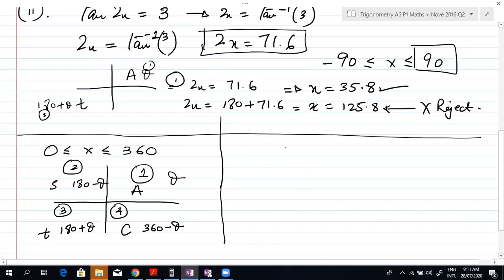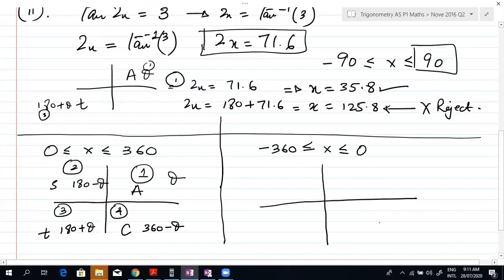When we have anything which is negative, let's say negative 360 to 0, so x is from 0 to negative 360. In negative 360, everything is reversed.